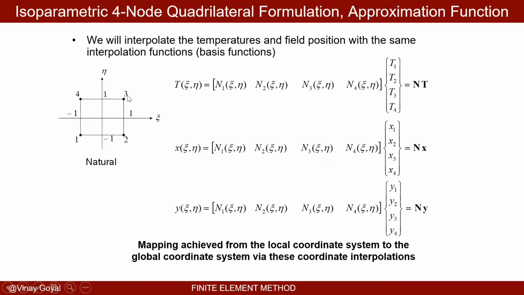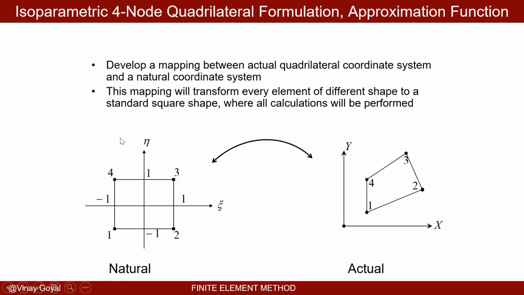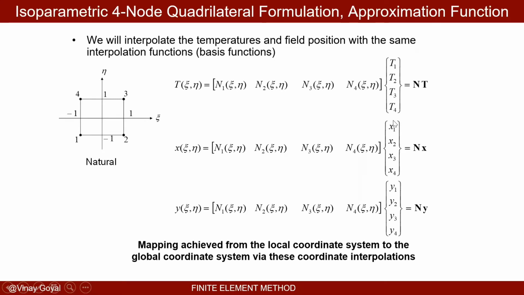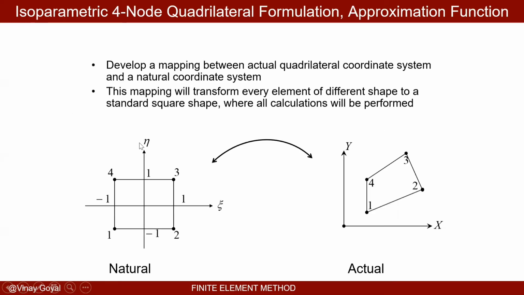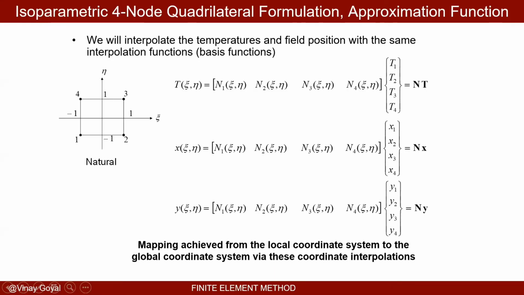Not of these nodes, I'm sorry, of these nodes. So I'm going to keep those coordinates in this vector. And these shape functions, when I multiply this by this column vector, will have the ability of taking me from this coordinate system, from this domain to this domain. And that's very powerful if we can accomplish that.